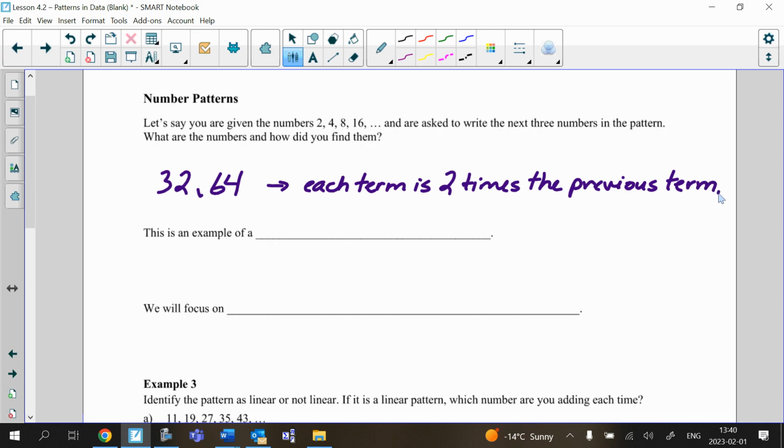We've dealt with them in grade 11 now. We get each term by multiplying the previous term by the same number.